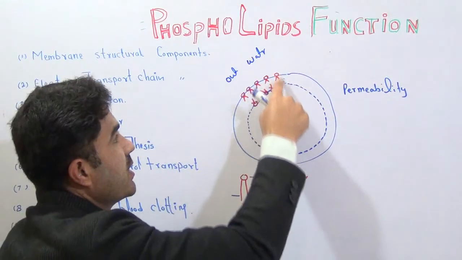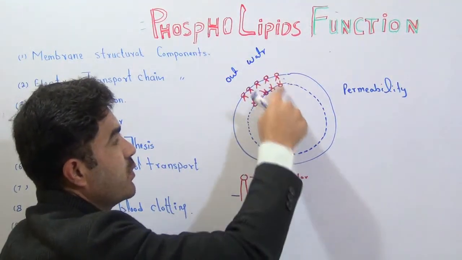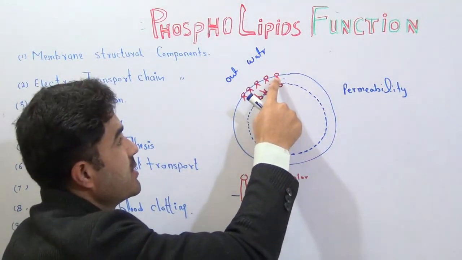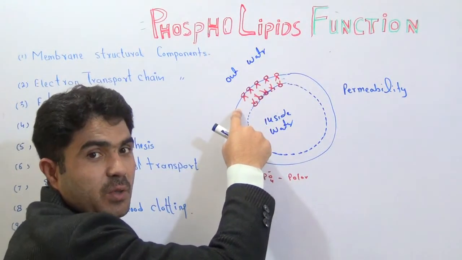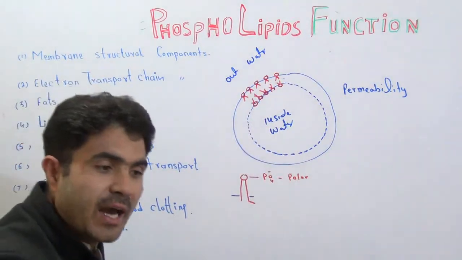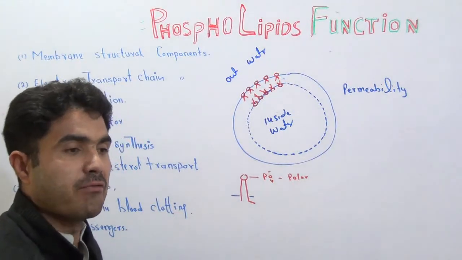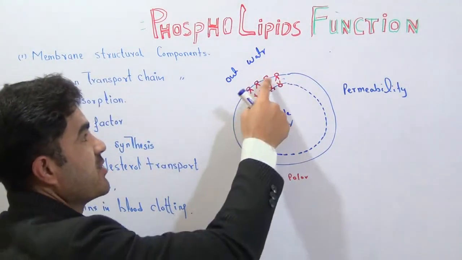In between the two phospholipid heads you will see the tails of the phospholipids, and the tail is absolutely hydrocarbon, and hydrocarbon has no affinity with water, so they are facing each other here.